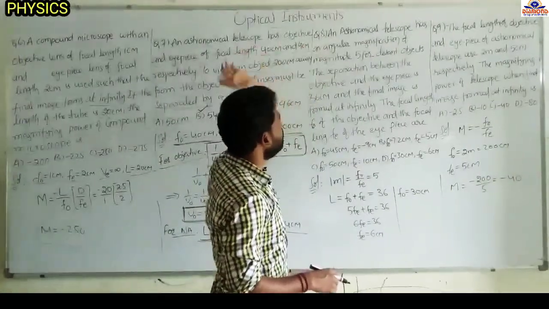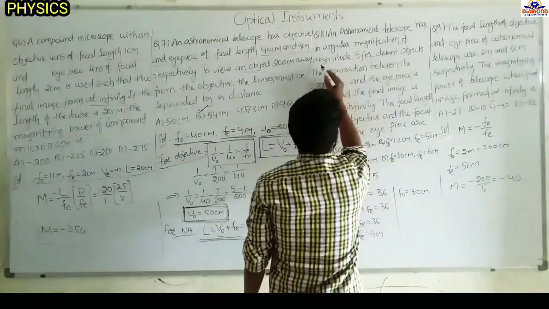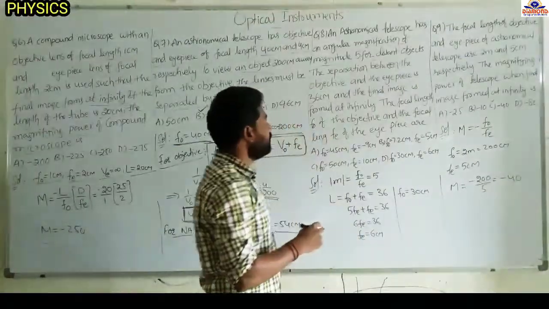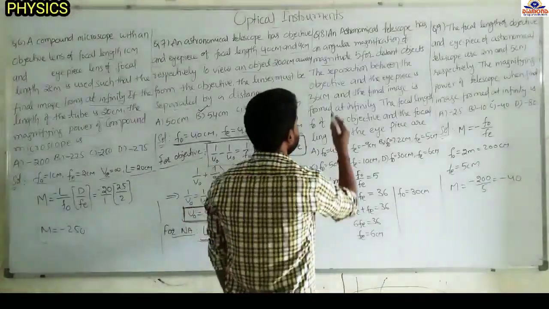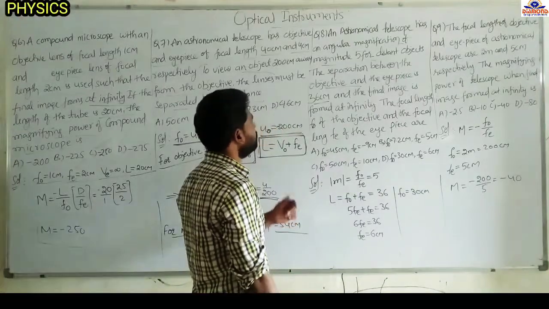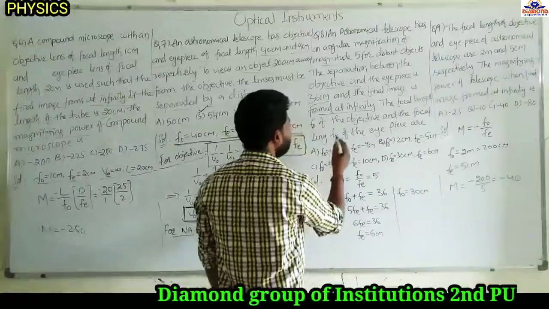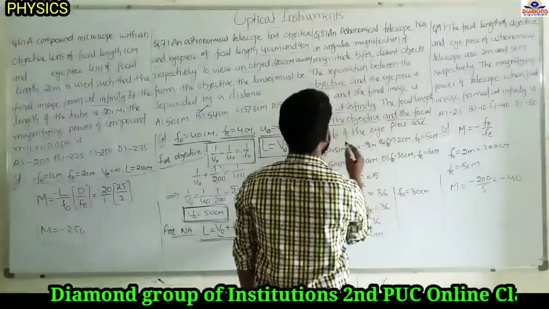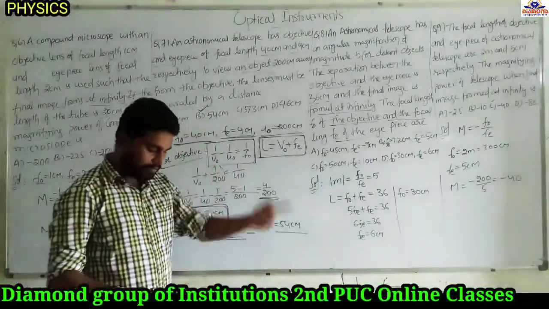Now see the next question. An astronomical telescope has angular magnification of magnitude 5 for distant objects. The separation between objective and the eyepiece is 36 centimeters, and the final image is formed at infinity. The focal length of the objective and the focal length of the eyepiece are? So here the image is forming at infinity.